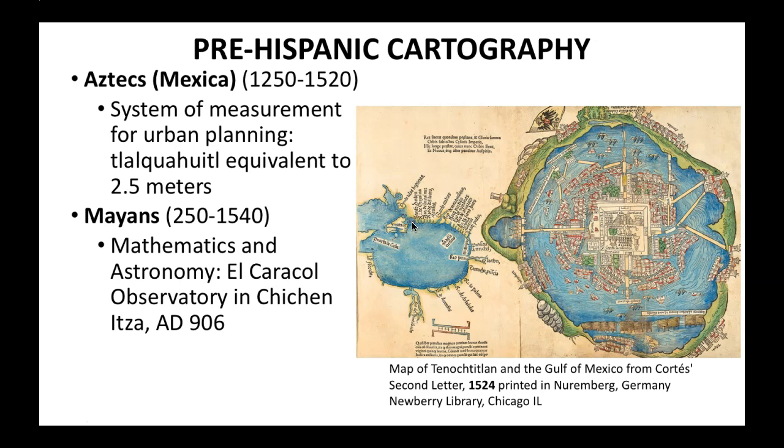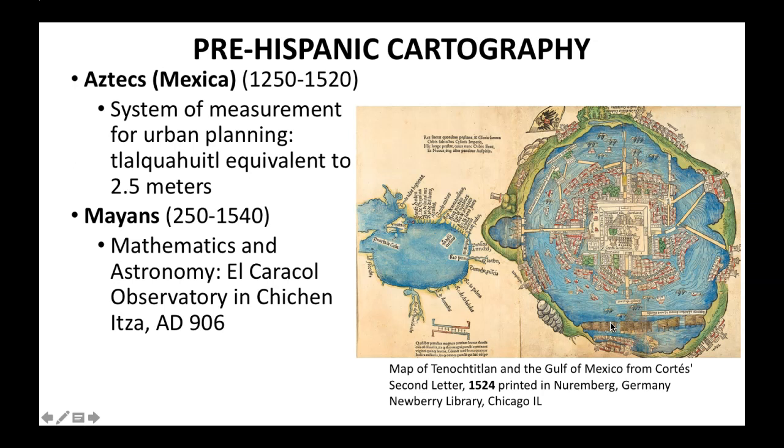This is the earliest that we get, and I'm actually mistaken to write the title as pre-Hispanic, because at this point, the Mexica Empire, the Aztec Empire of the ethnic Mexicas, they lasted from 1250 to 1520, when the Spanish take over the capital city of Tenochtitlan.